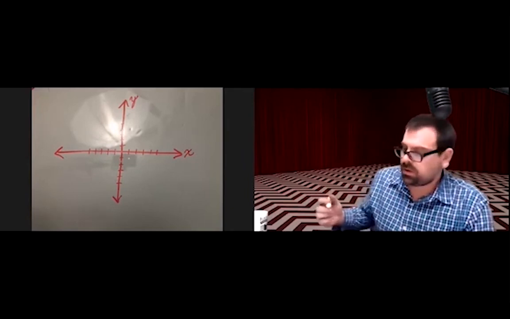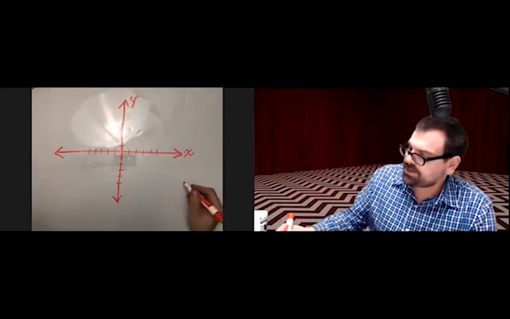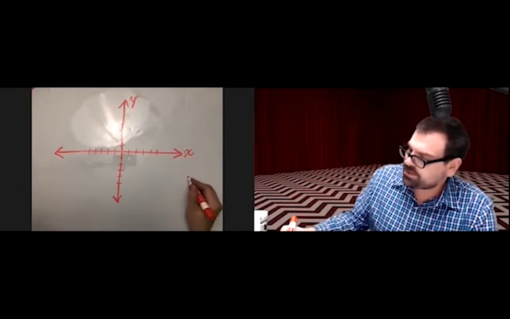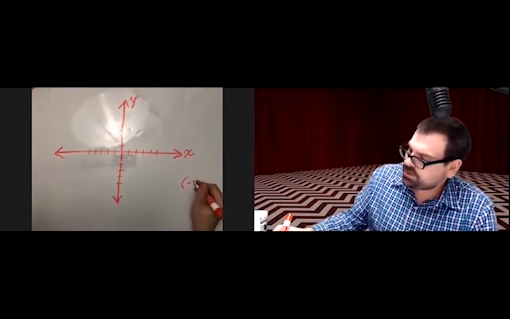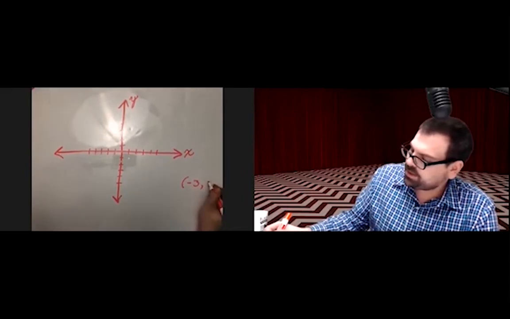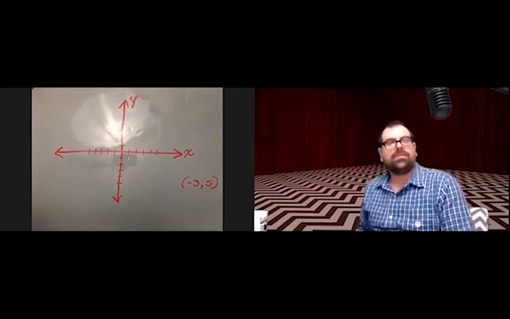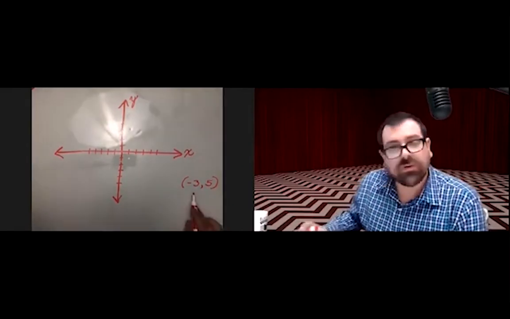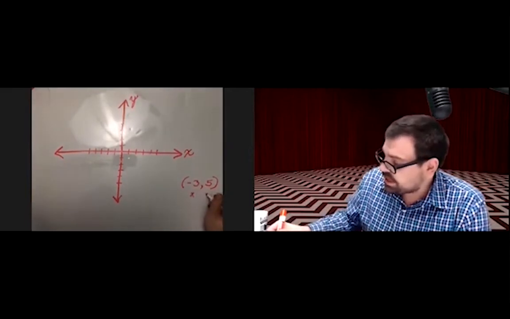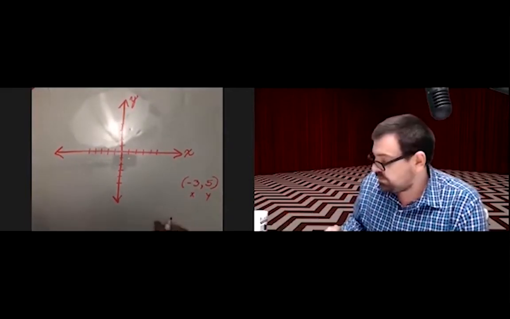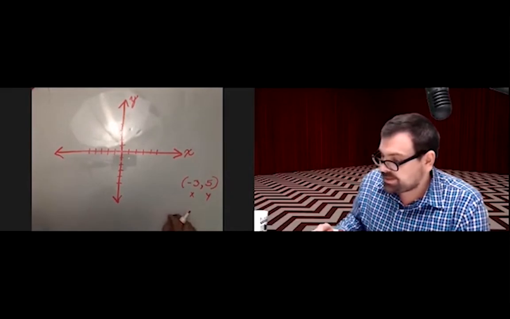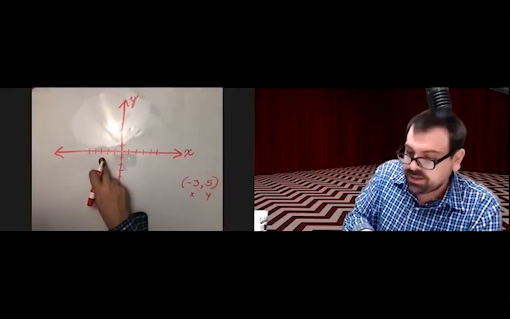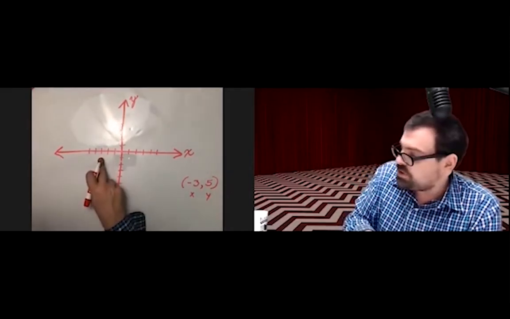So let's find the point (-3, 5). Well, our first coordinate is the x, our second coordinate is the y. The x should be -3, and the y should be 5.